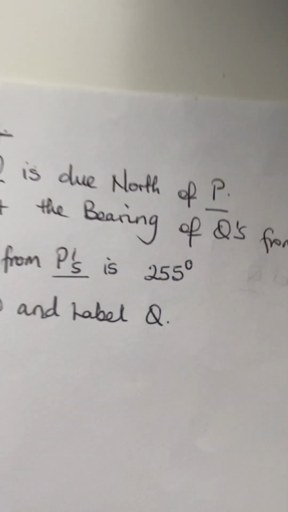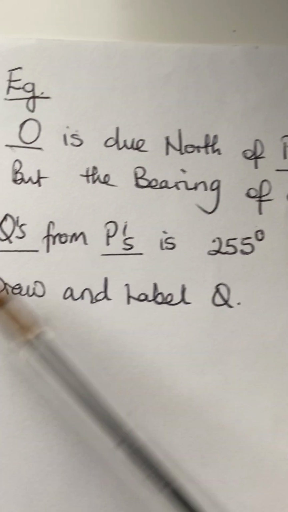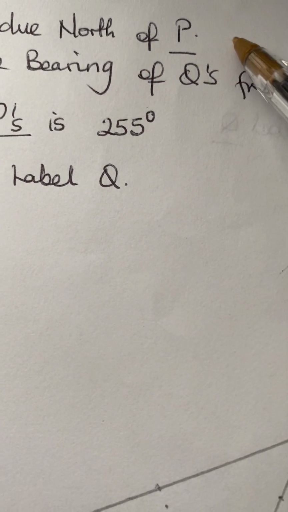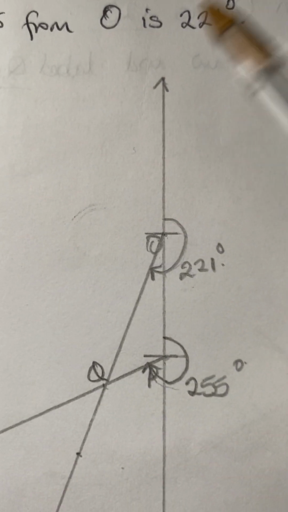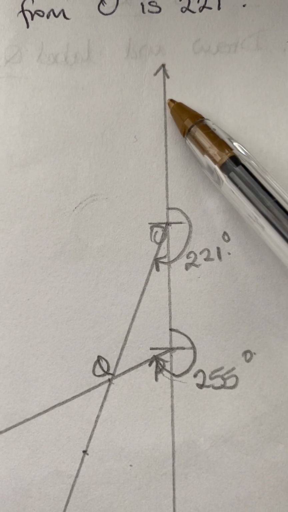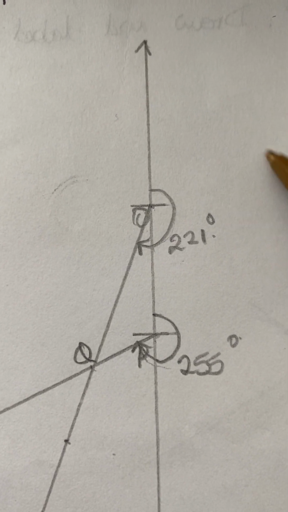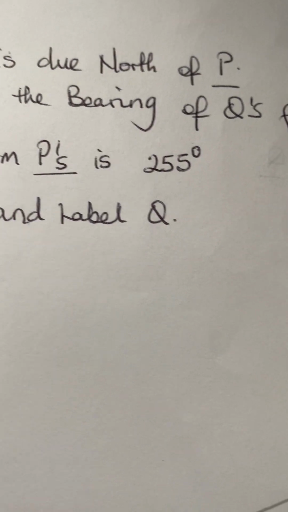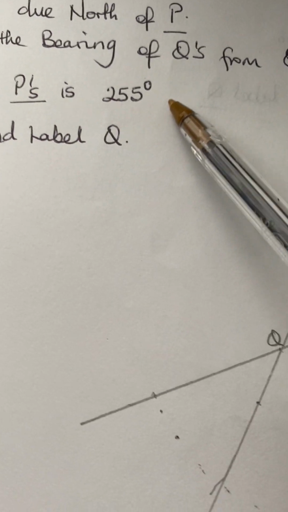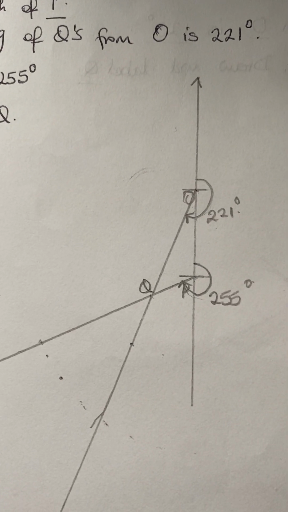Now let's look at another one. O is due north of P. So I draw again north. You remember we measure bearing from the north, and we measure clockwise. Okay, but the bearing of Q from O is 211.